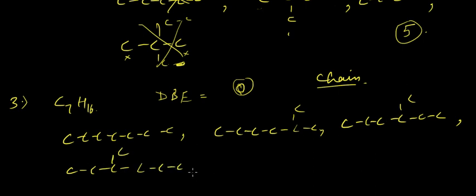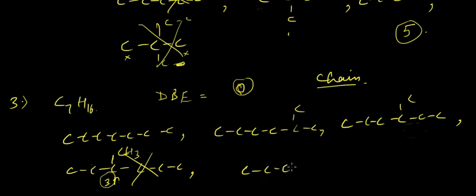But when I draw some other structure, if I count the substituent methyl group which is attached to this carbon atom, I can see that it is attached as third carbon atom, and here also it is attached at third carbon atom. So this and these are same, hence I am not drawing this. If I attach it here also, I have already the structure present. Okay, so no more with 6 number of carbons as principal chain.